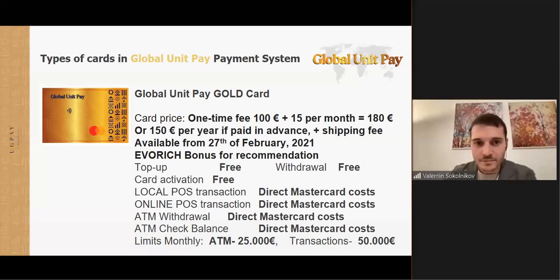Well, the top up is free, withdrawal is free too, card activation is free. As for online and offline terminals, nobody is charging money here, only if there are some commission fees from the MasterCard company. The same stands for ATM withdrawal.